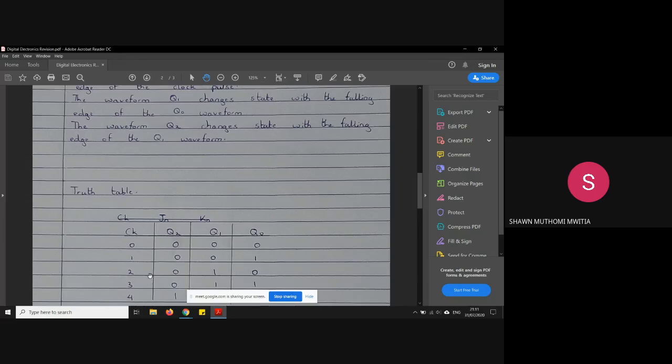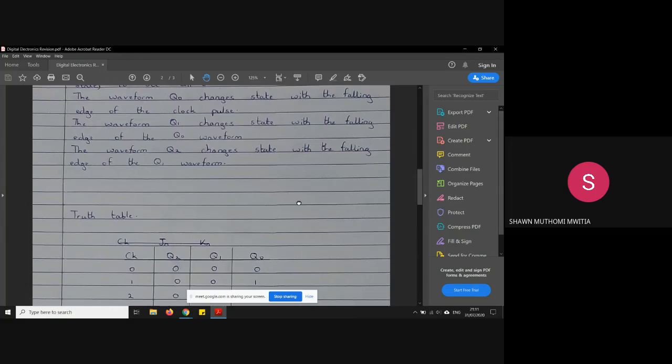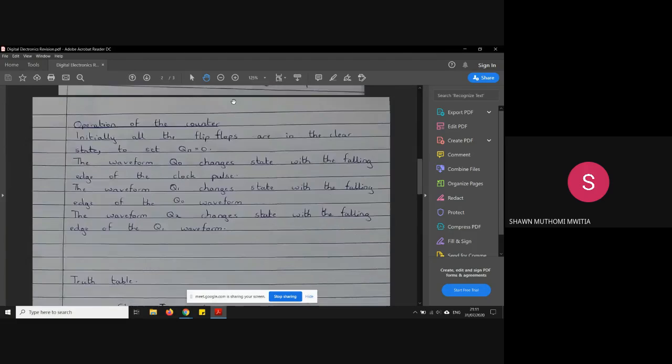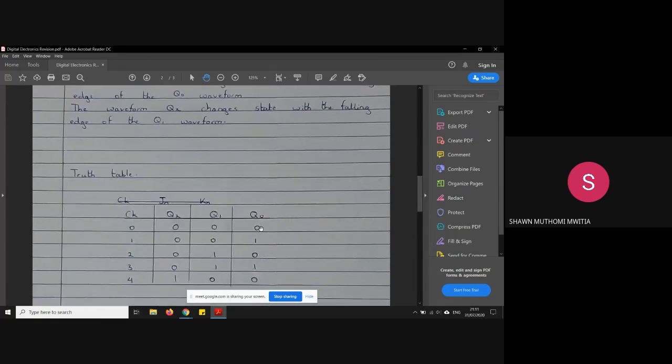Then at the second clock signal point, only Q0 will change back to 0 because of the falling edge of this clock signal, but now Q1 will be triggered to come on. So it goes from 0, 0, 0, to 0, 0, 1, then 0, 1, 0. Then the same process goes on to become 0, 1, 1, then 1, 0, 0. So that answers question 4A.